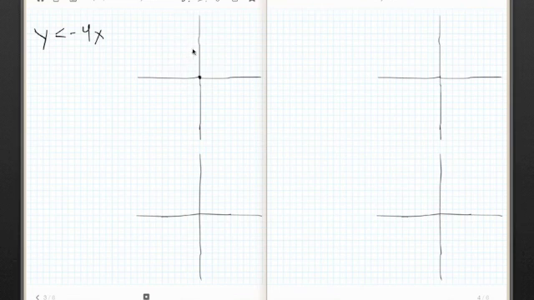So up 4 over -1. And since it is less than but not equal to, we will connect these points with a dashed line.